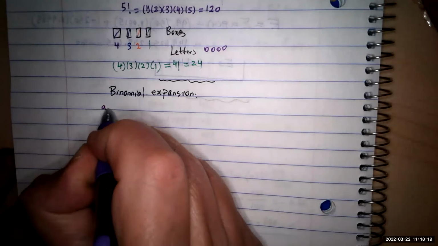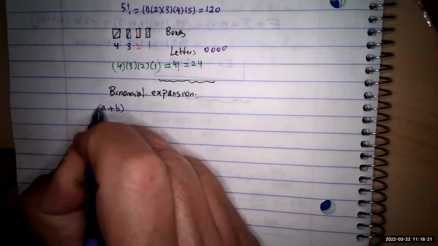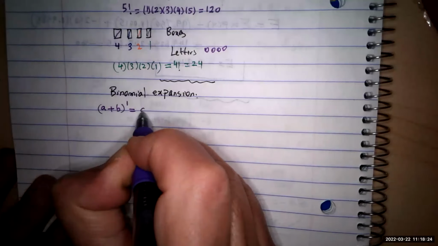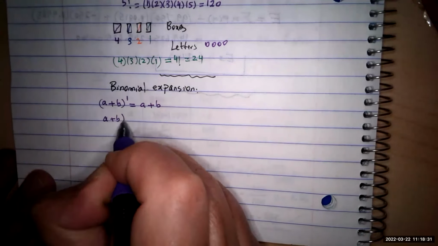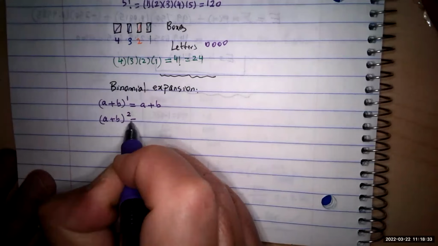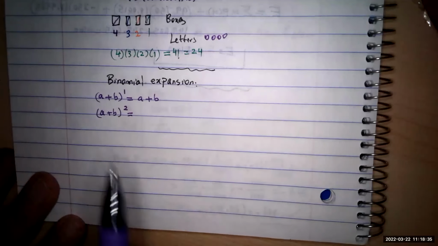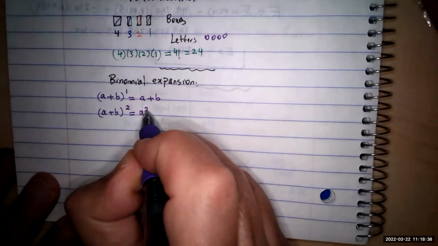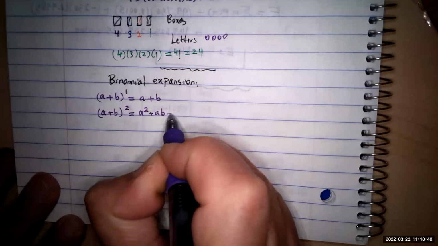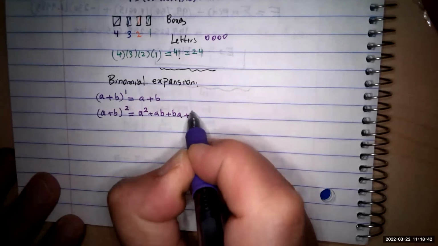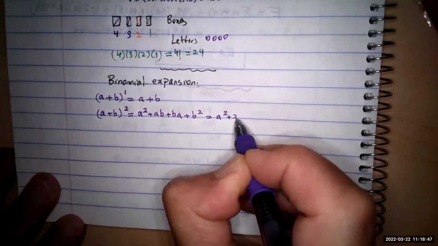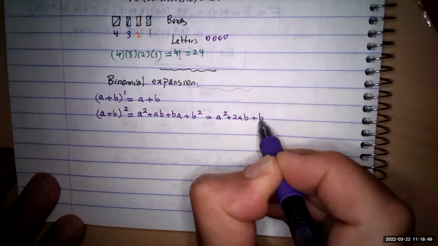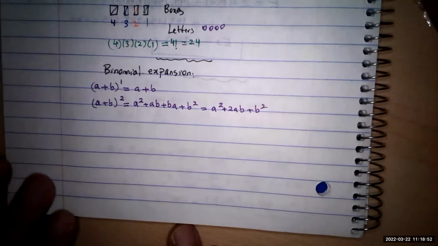So the first binomial expression, a plus b to the first power, would be a plus b. If you get a plus b squared, you can FOIL it if you like. Then it's going to be a squared plus ab plus ba plus b squared. We usually write it as a squared plus 2ab plus b squared. That's a plus b squared.